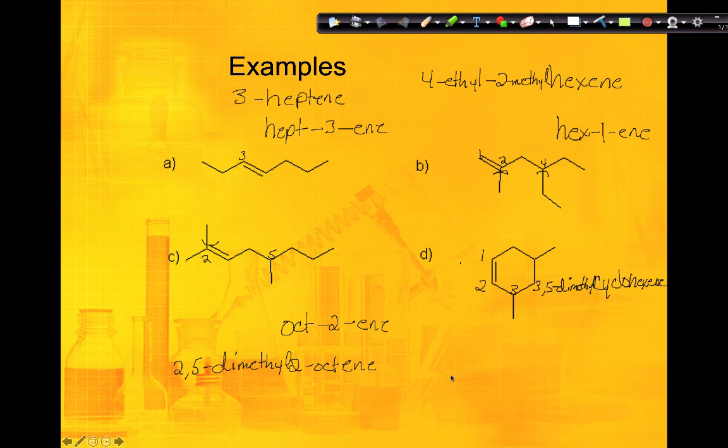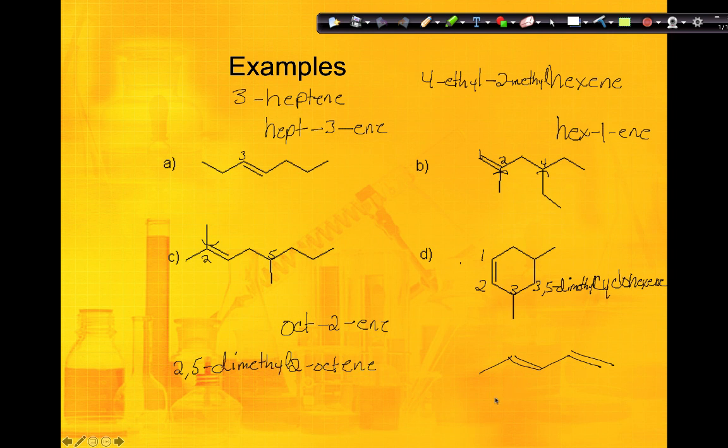Something I want to bring up, which I don't know if it was in the rules, I don't think it was. If you were to have 2 double bonds, so let's say that you had something like this, like that. Okay, so for this one, you have 2 double bonds. You have to indicate that there's 2 double bonds, and you have to have a prefix.